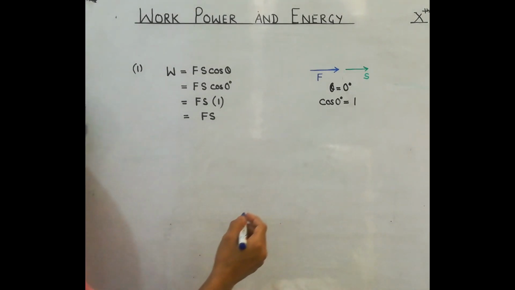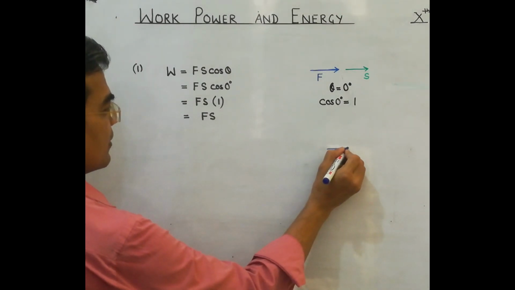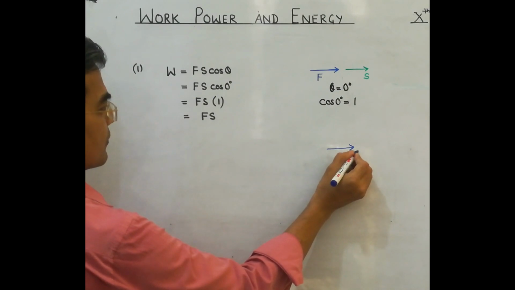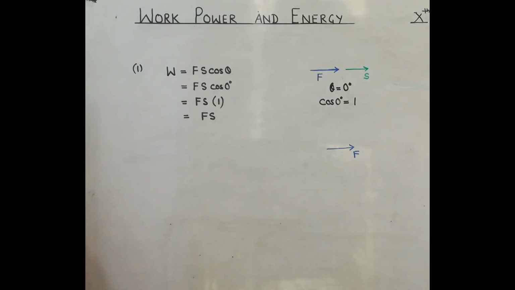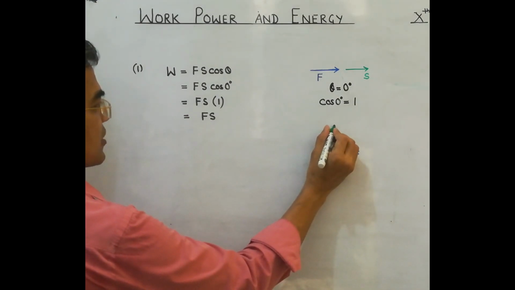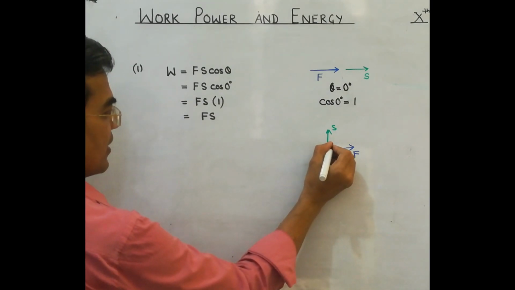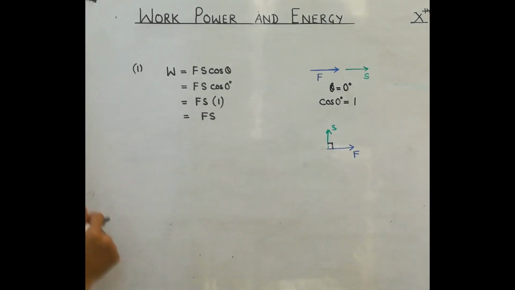Now in case 2, let this be the direction of force and this be the direction of displacement. So here you can see the angle between them is 90 degrees.